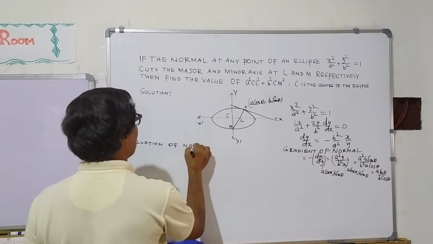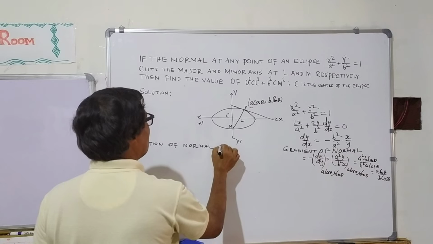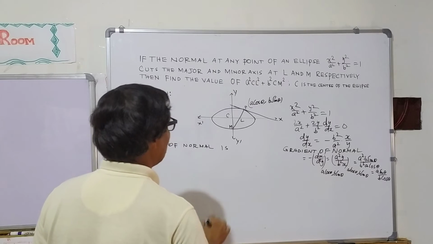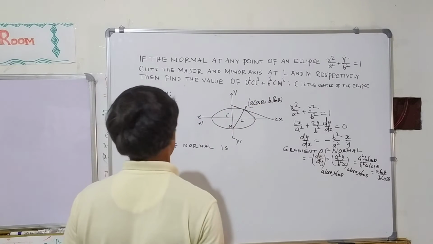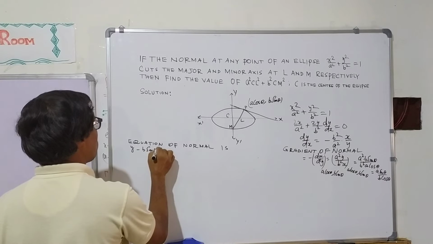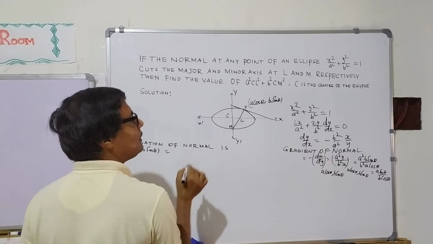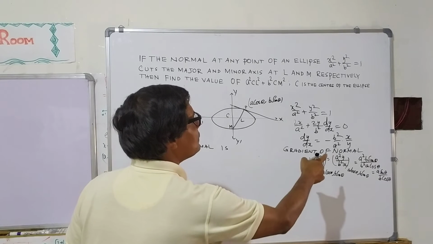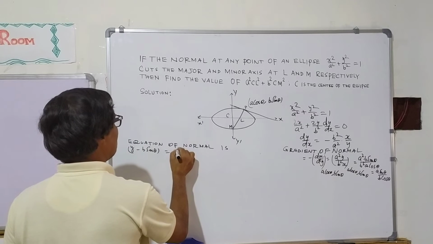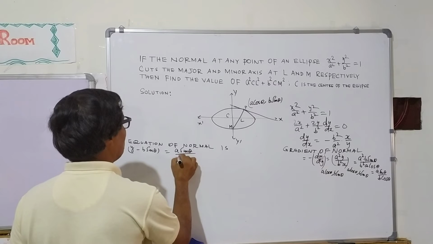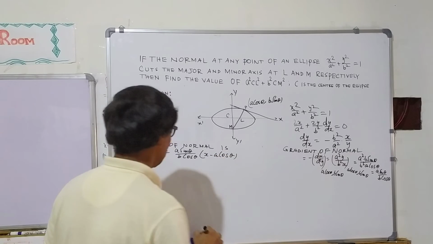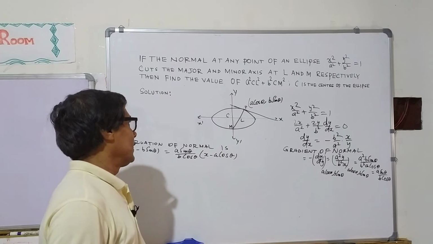The equation of the normal is y minus y1, where the fixed point is a cos theta, b sin theta: y minus b sin theta equals the gradient, a sin theta by b cos theta, into x minus a cos theta. This is the equation of the normal at P.